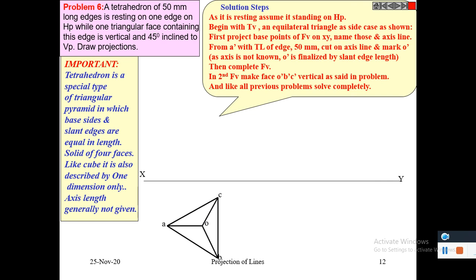Tetrahedron is drawn. Its front view. This edge is parallel to VP, so we get the true length in the front view.